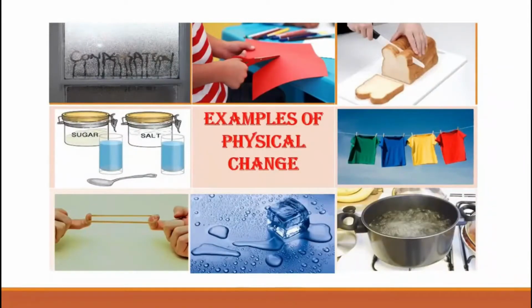Now what happened? Ice and water look different, but they all are made up of water molecule. This means no new substance is formed during the melting of ice. Only a change of state from solid to liquid takes place.